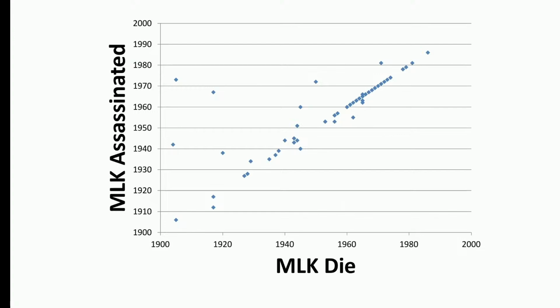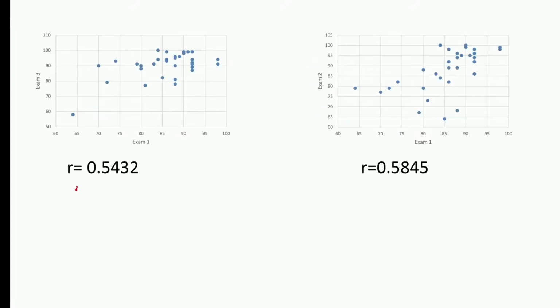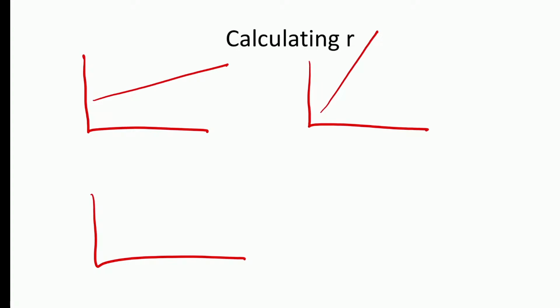So the correlation here is very close to 1. It's like 0.95. By the way, that does not tell you the slope. A correlation of 0.95 could be here, a very close to 1 relationship. Could be this. Could be this. Could be this.